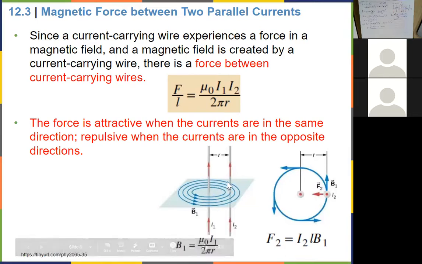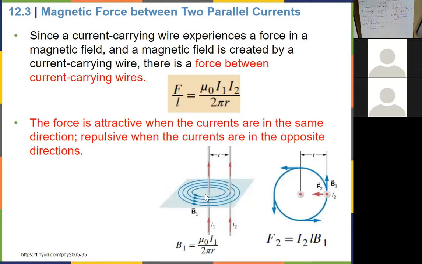The second wire is then placed into the magnetic field produced by the first wire, so it will experience a magnetic force.